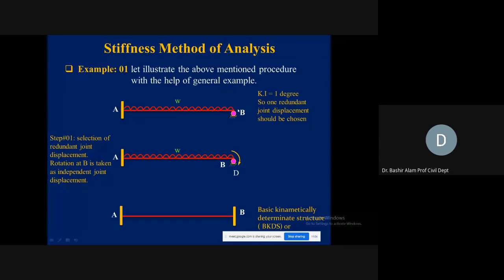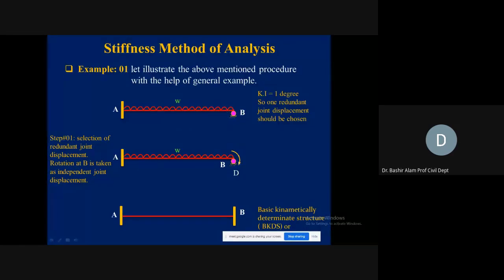Here I don't see any externally applied moment at this joint B, which corresponds to this D. So our AD matrix is going to be equal to 0 because we don't have any externally applied moment here. The moment applied here is in the counterclockwise direction and it is 1 foot.